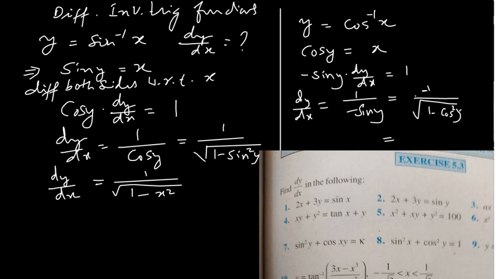So cos y is equal to x. Therefore the answer is minus 1 by square root of 1 minus x square. That's the answer. So you should be able to do it for tan inverse also. Try. So we will go to the next page, or we will take it from here.